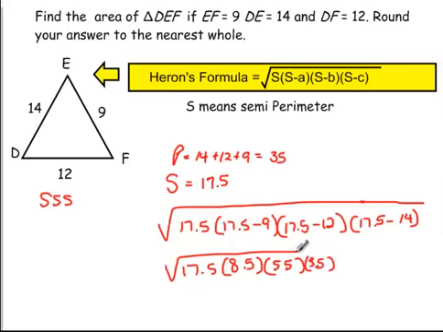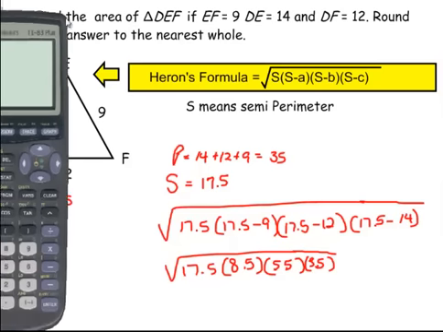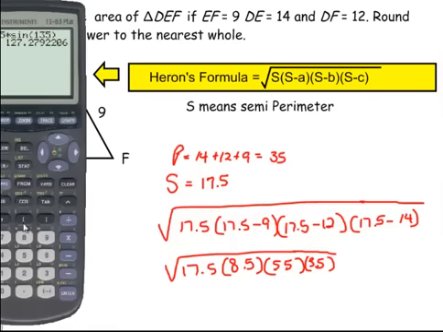Now all I have to do is multiply that all together on a calculator and take its square root. So 17.5 times 8.5 times 5.5 times 3.5 equals, now I'm going to take the square root of that.